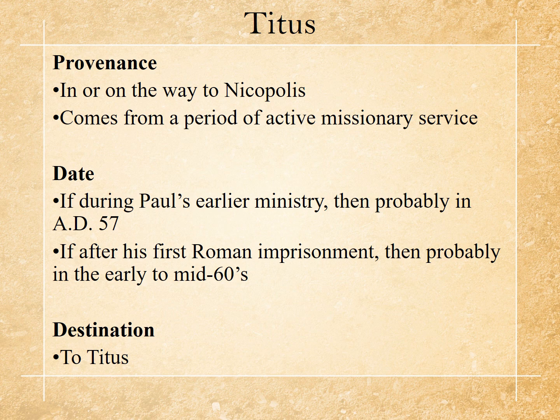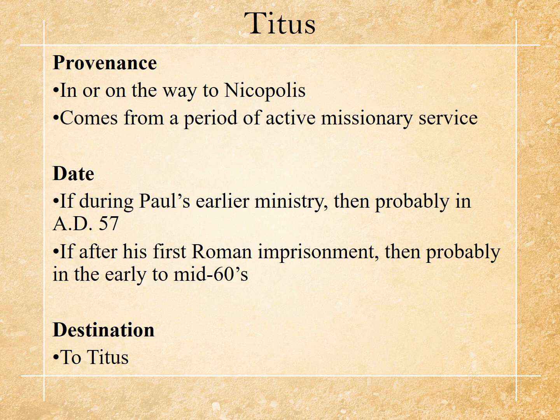So that argument that Paul is never reported to have been there is pretty weak. Nicopolis is right there. Okay, probably from this period of active missionary service, he's familiar with Nicopolis. The dating here is possibly 57, so earlier, or in or after his first Roman imprisonment. If you take it from there, it's going to be the mid-60s.